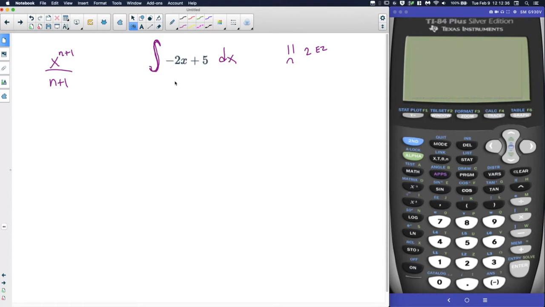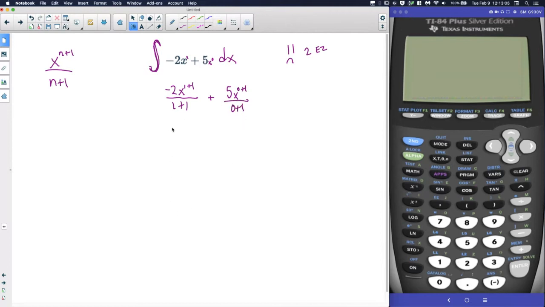Well, if we forget, let's just do it together then. So I have negative 2 x to the first plus 1 over, the n here was 1, 1 plus 1. And then I have plus 5, you see there's x to the 0 power here. So then I'm left with 5x to the 0 plus 1 over 0 plus 1.